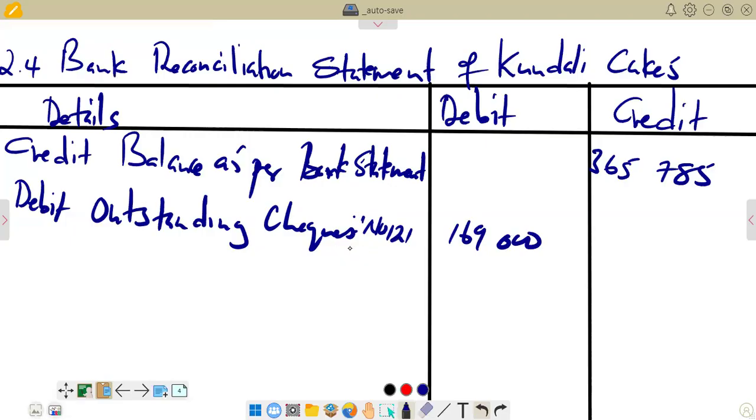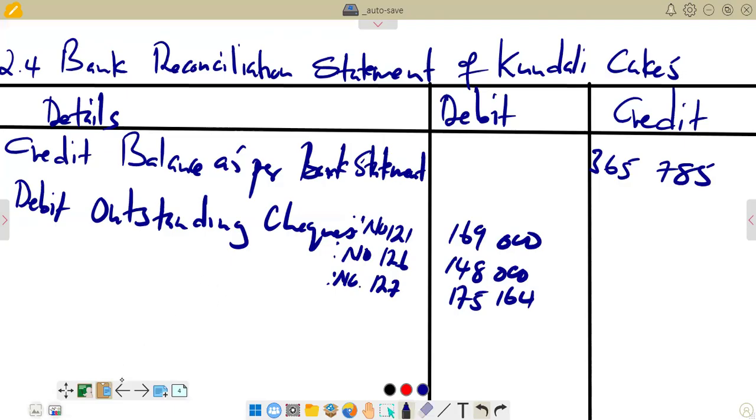Also check number 126, which is 148,000. And the next one is check number 127, and the amount is 175,164. So this is the summary that we have in terms of the outstanding checks.